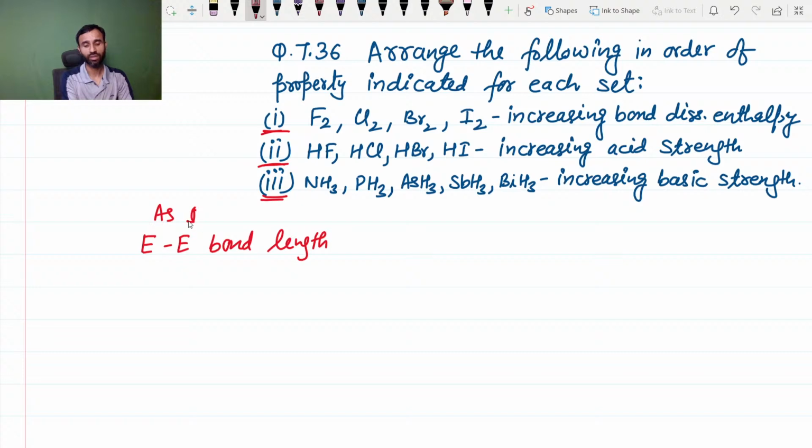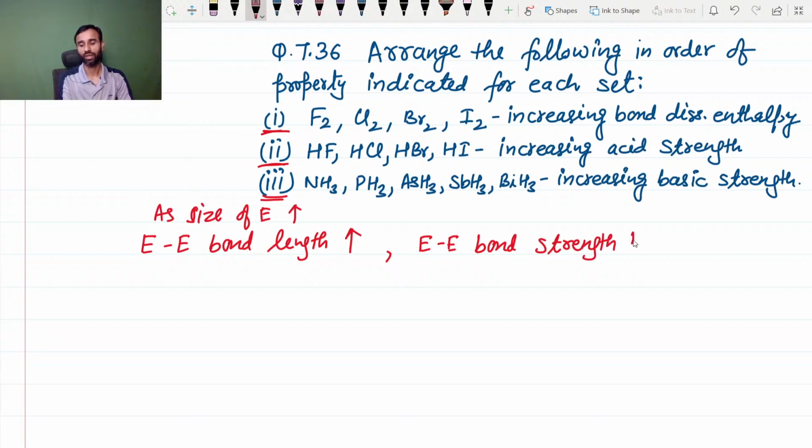As bond length increases, bond strength decreases.